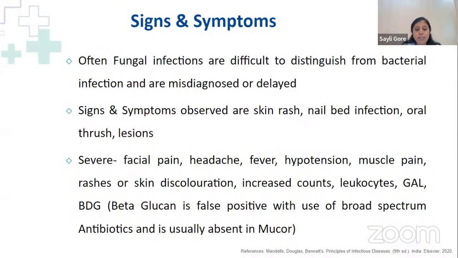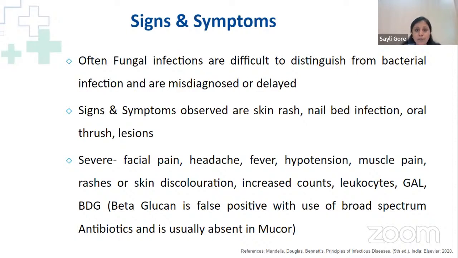So, what are the signs and symptoms? Often these fungal infections are very difficult to distinguish from bacterial infection in the initial stages, and they are usually misdiagnosed or have a delayed diagnosis. The signs and symptoms are variable.